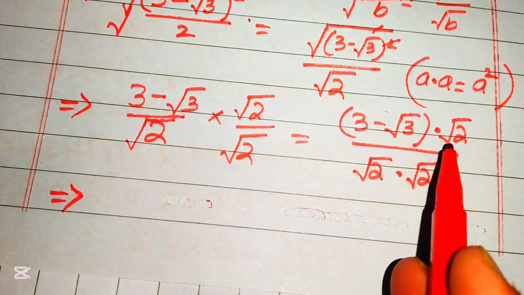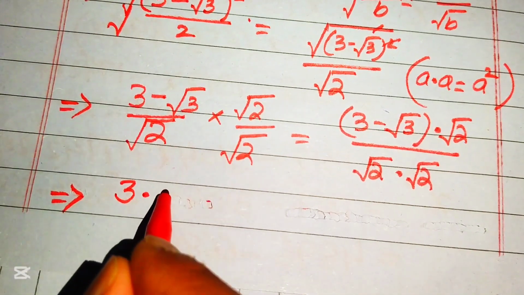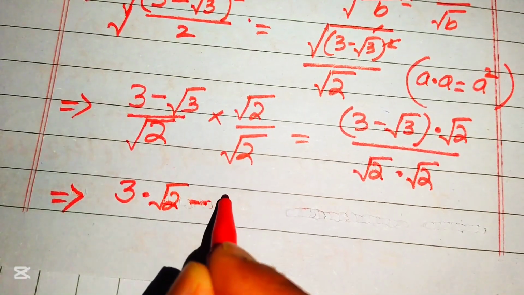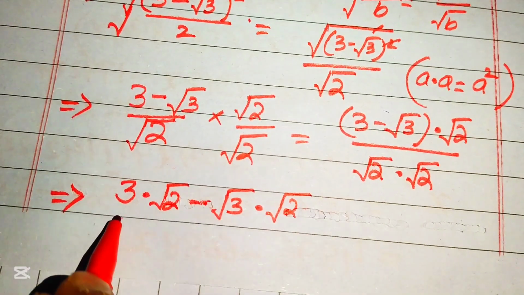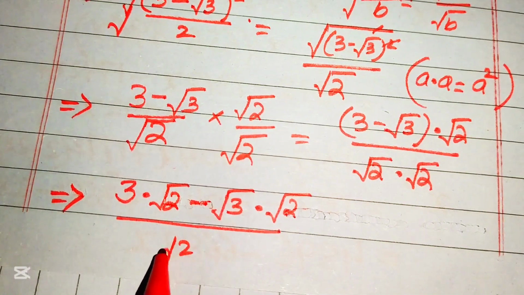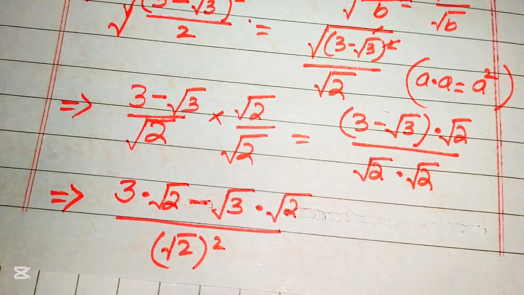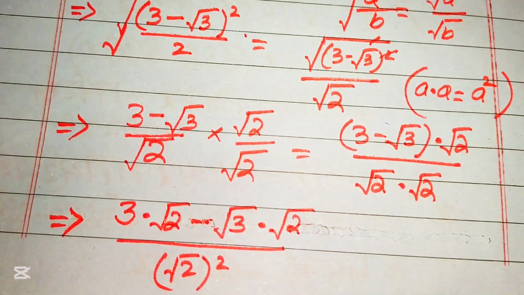Now we need to multiply this square root of 2 on both of these terms, and it will be written as 3 multiplied by square root of 2 minus square root of 3 multiplied by square root of 2, and it is divided by square root of 2 whole squared, according to this nice formula.